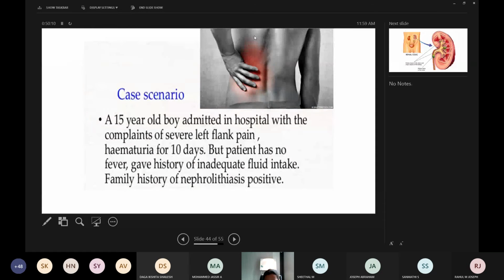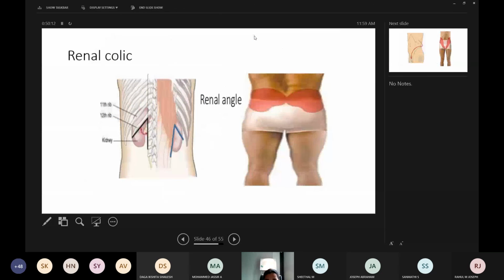Renal pain we feel in the region of the renal angle. This part is called the loin. If this part is pressed, the patient will feel more pain. That is called tenderness. In case of renal stones, if the stone is present in the pelvis, the person will feel dull aching pain.